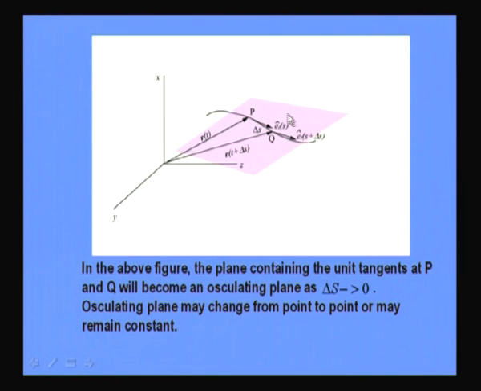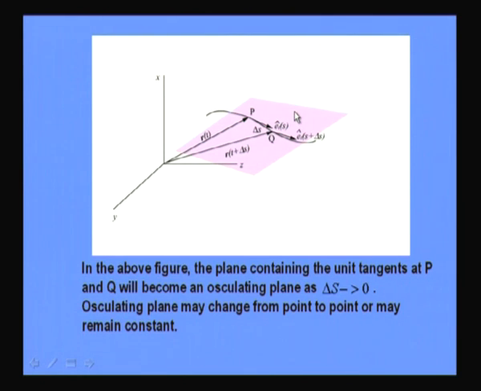In this figure, at point P, a tangent has been drawn, that is et(s). This is the situation at time t, and this is at time t plus delta t. Another tangent has been drawn, this is et(s plus delta s). PQ is of length delta s.